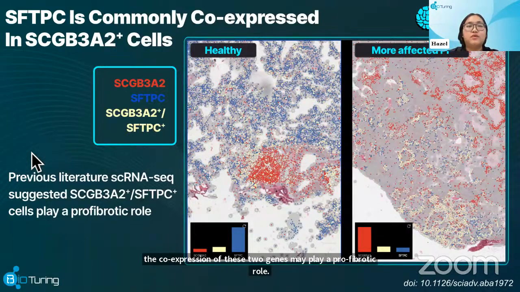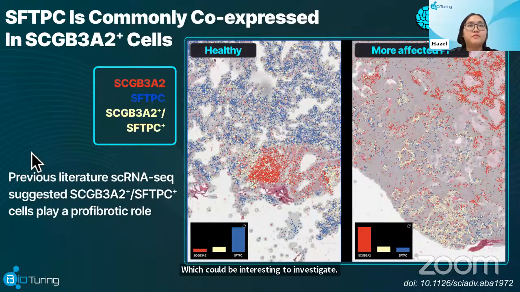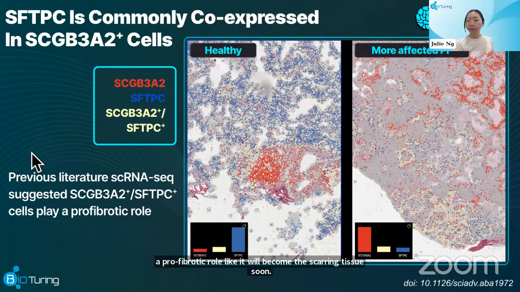So you mean that specific co-expression region might play a pro-fibrotic role, like it will become the scarring tissue soon. Is that right? Yeah, that could be.